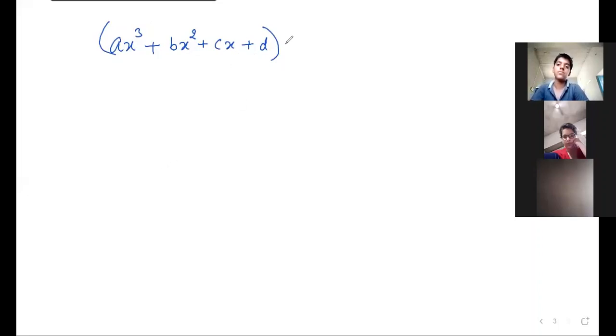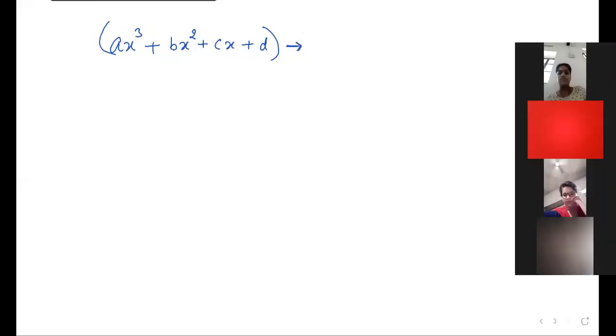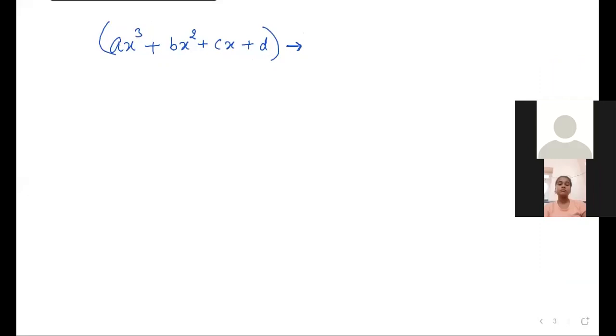Being a cubic polynomial, how many zeros will be there? Anyone? 4. Who is this 4? There would be at most, at the maximum, 3 zeros.